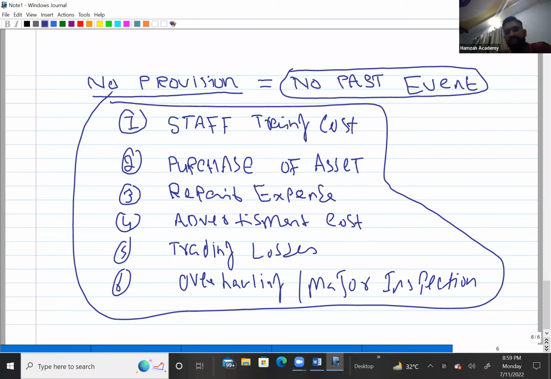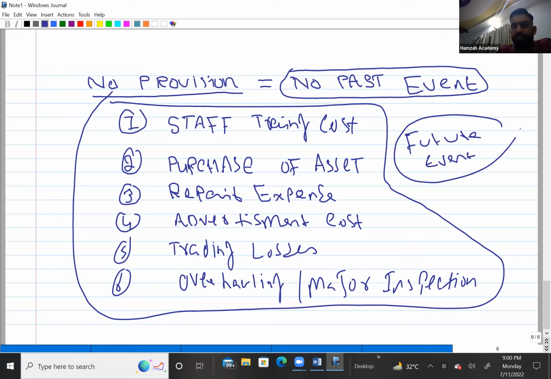For such transactions, provision cannot be recognized. We will not recognize the provision as per IAS 37 because in all these things there is no past event. These are all future events which will take place in future. For example, we will send the employees on a training in 2 months, in 3 months. There is no past event. A company will buy an asset in the next month, in the next year, there is no past event.